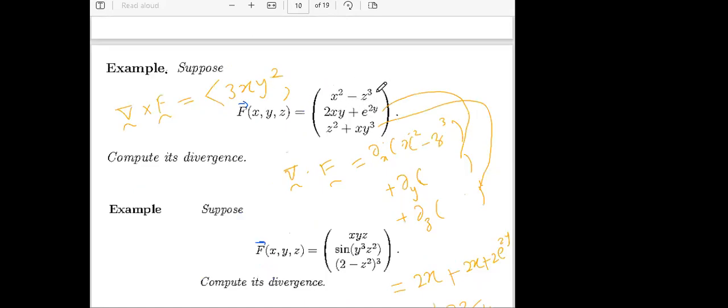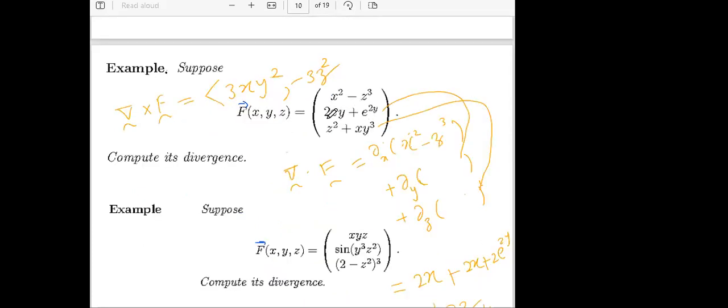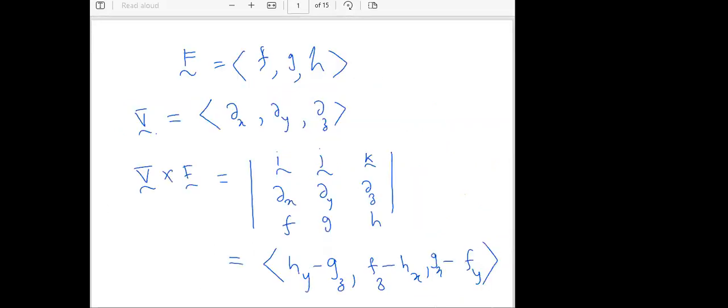First one with respect to z, minus 3z squared. Minus h, last one with respect to x, plus y cube like that. So let's find the last one.